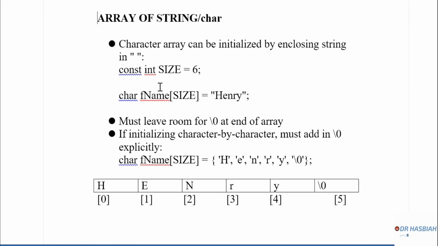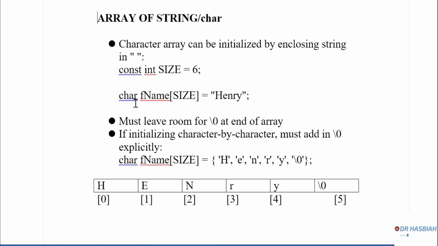So if the size of your array is 6, let's say now I have the array name fname, and the data type for the fname is char, meaning your array's data type is char. The size of your array refers to the size here, so the size is 6.